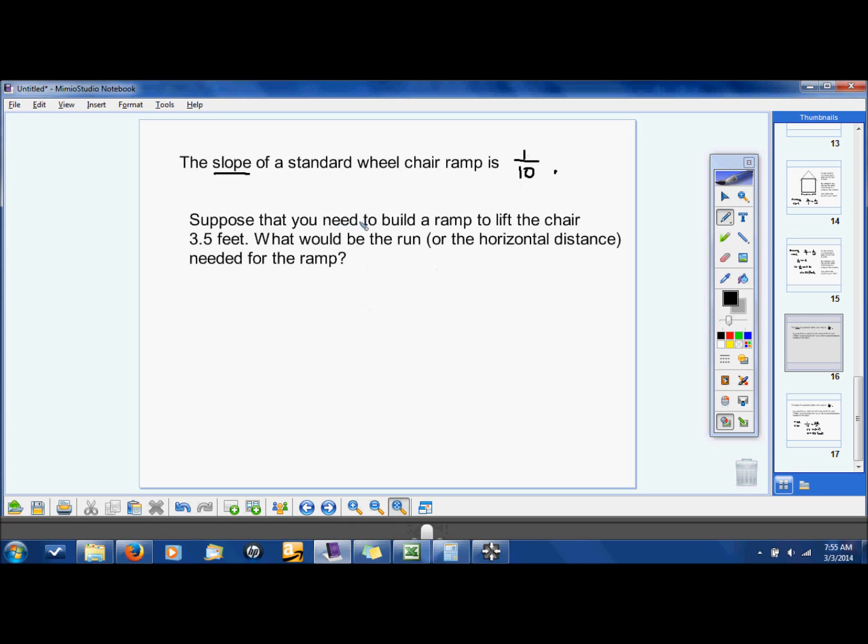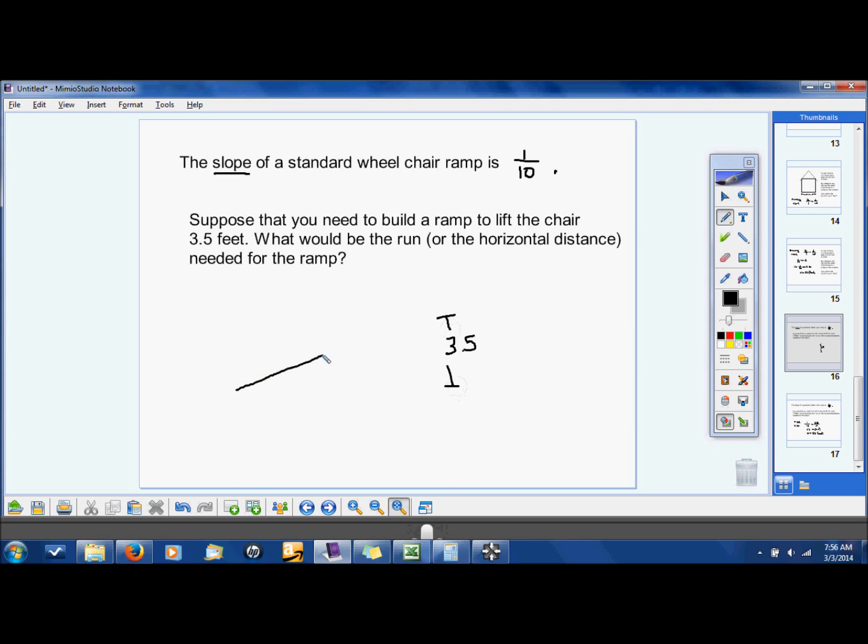So let's say you need to build a wheelchair ramp that lifts the chair 3.5 feet. You need to figure out how much room you would need in order to build that ramp. I want to go up 3.5 feet. How much room do I need?